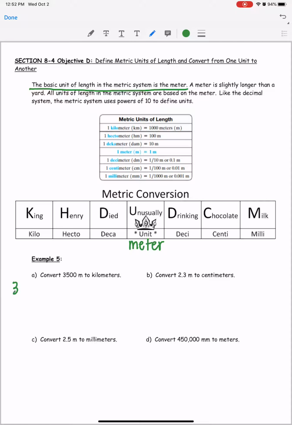So I have 3,500 meters. We can put this over 1. Okay, and then times that by our unit conversion right here. So because I have meters on top, I want these meters on the bottom. So I'll put 1,000 meters on the bottom, which leaves my 1 kilometer on the top.